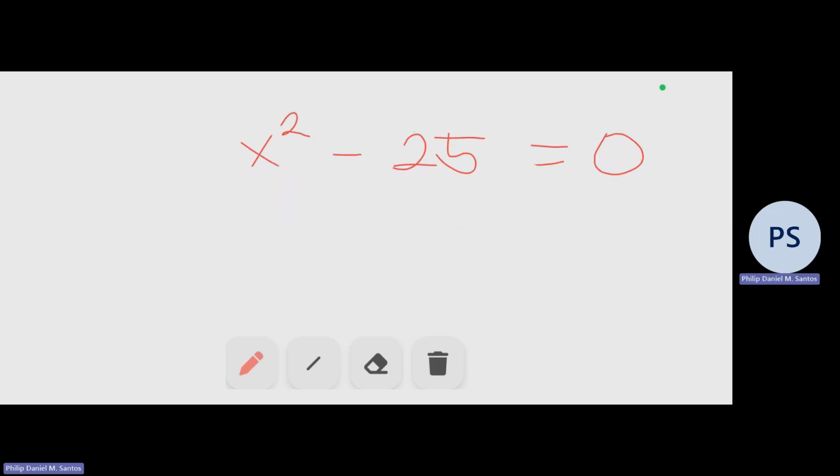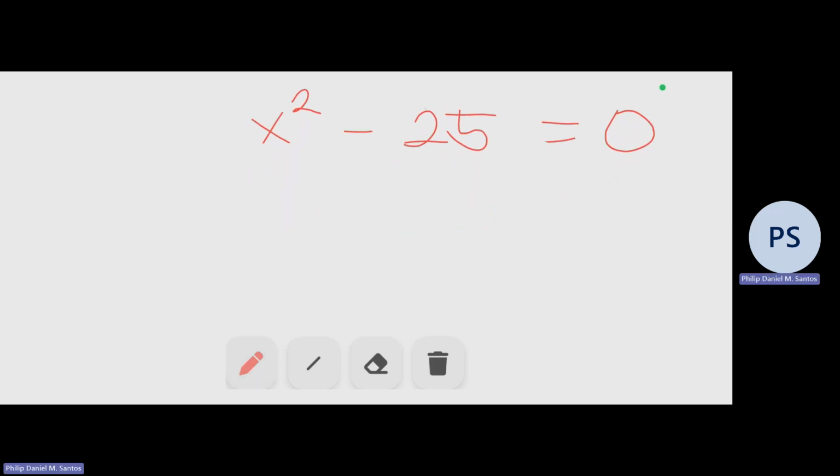You just need to memorize a formula. And this is the formula.